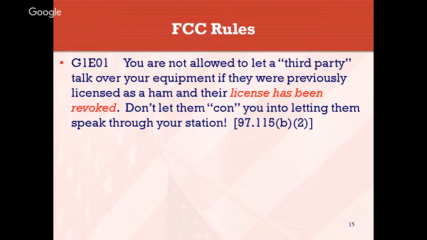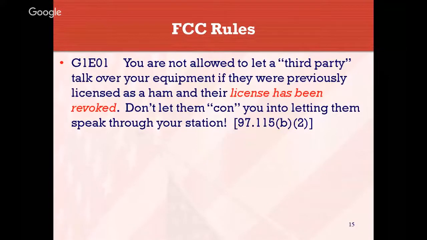You're not allowed to let a third party talk over your equipment if they were previously licensed as a ham and their license has been revoked. Don't let them con you into letting them speak to your station. In other words, this person has done something that has caused the FCC to revoke their ham license. They are not allowed to be back on the air.